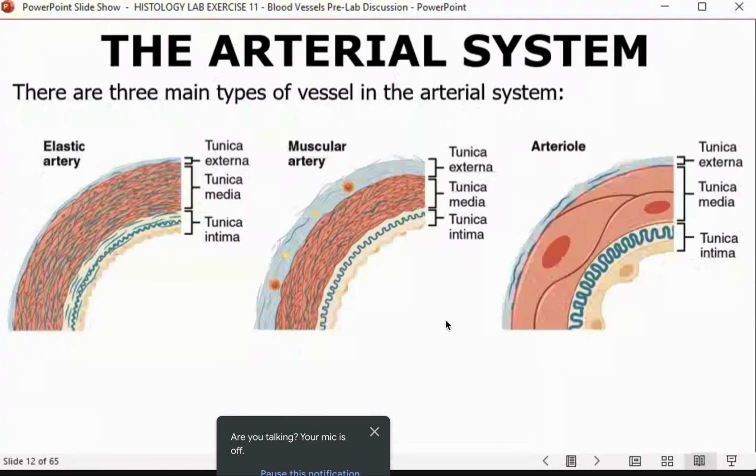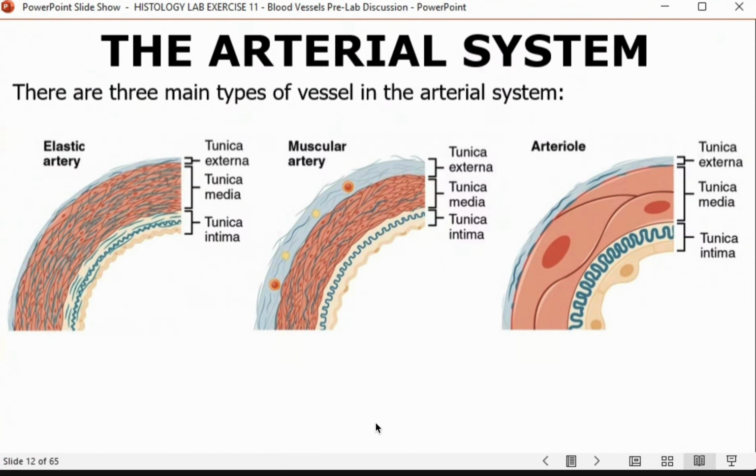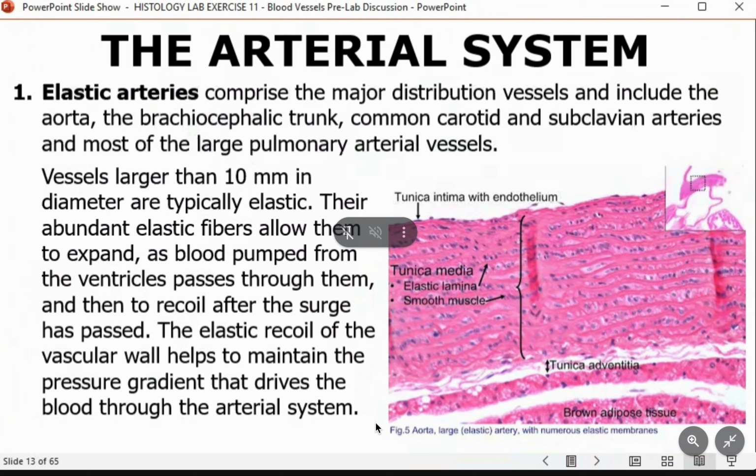Now, there are three types of arteries: elastic arteries, muscular arteries, and arterioles. Your elastic arteries comprise the major distribution vessels and include the aorta, the brachiocephalic trunk, the common carotid and subclavian arteries, and most of the large pulmonary arterial vessels.